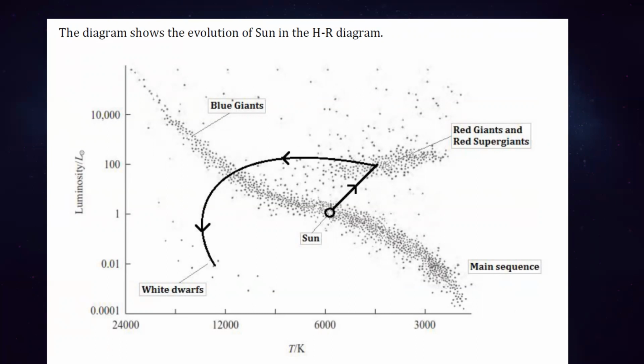A white dwarf's temperature will be high, but the size is so small. That's why its luminosity is very low. This is what happens for a low mass star like sun-like stars.